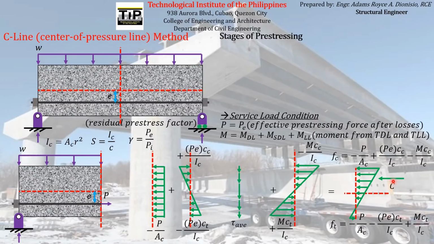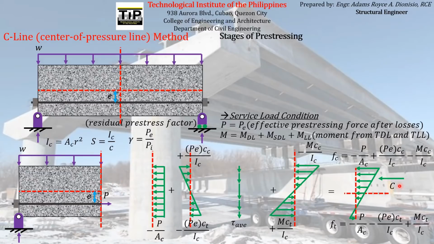This is the resultant compressive stress acting on the concrete element, because it points towards the concrete element itself, and it is located at a certain distance from the neutral axis or from the centroid of the cross-section of the concrete.